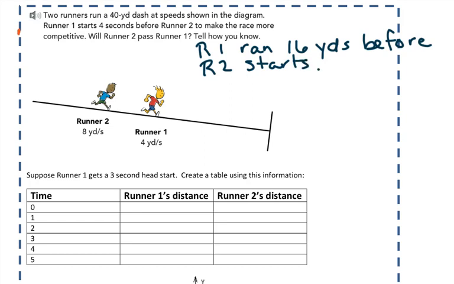So that means if he ran 16 yards and it says that they have to go 40 yards in the race, runner 1 has to go 24 more yards. So runner 1 has to go 24 more yards.